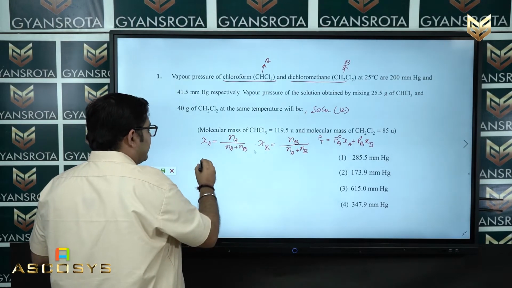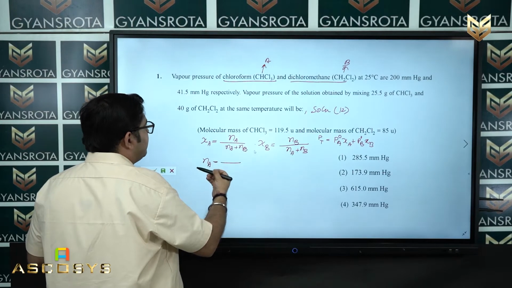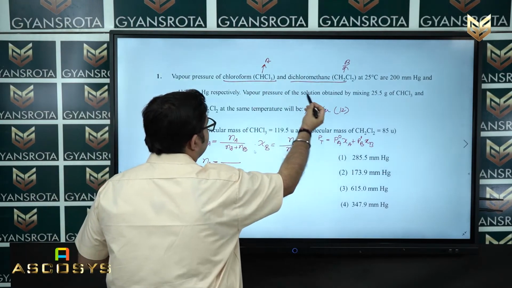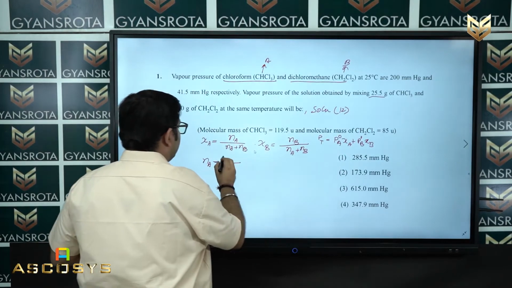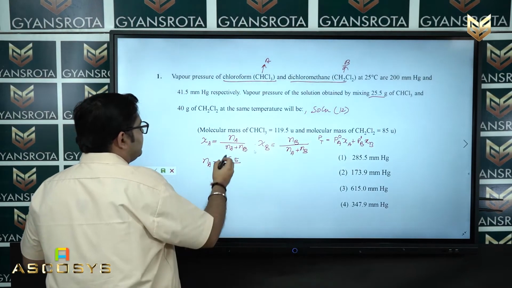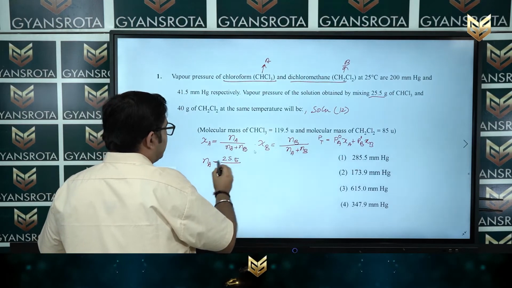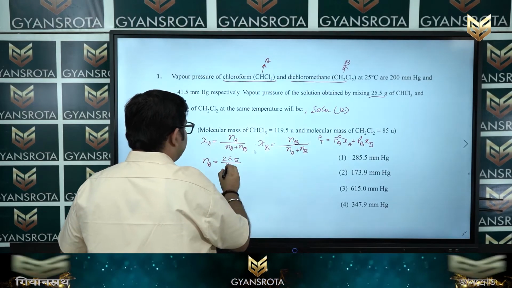So, first let us find out the number of moles of A. The given weight of chloroform is 25.5 gram, and the molecular weight of chloroform is 119.5.